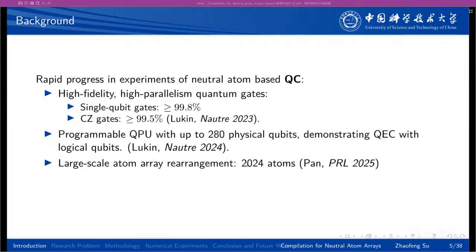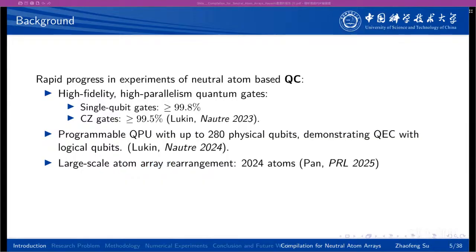Just a few days ago, a group from Europe rearranged 6,000. That is just for rearrangement of an atom array, not qubit operation.